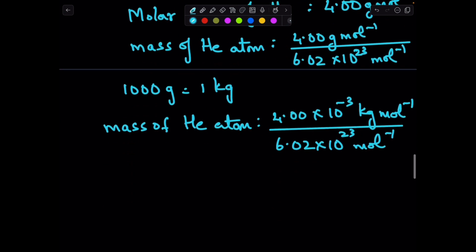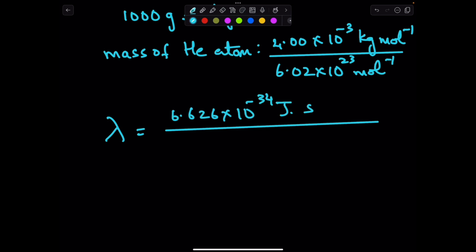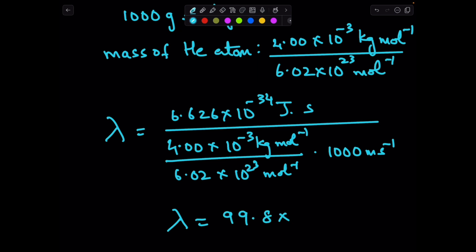Plugging this for lambda, we get 99.8 times 10 to the negative 12 meters.